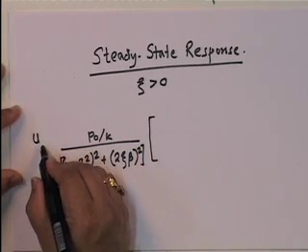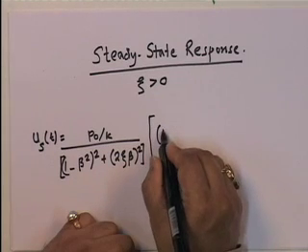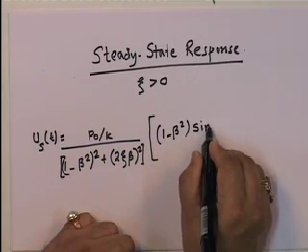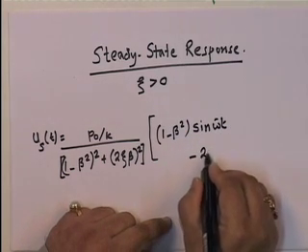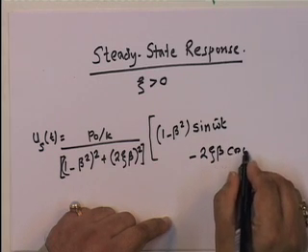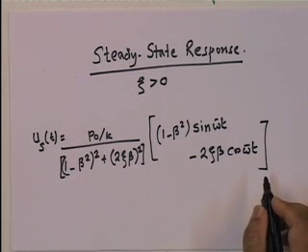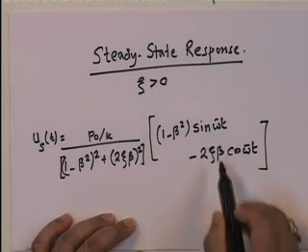So, I will call this now steady state response: 1 minus beta squared, sine omega bar t, minus 2 zeta beta cosine omega bar t. Okay. And if you look at this, it is sine omega bar t and cosine omega bar t.